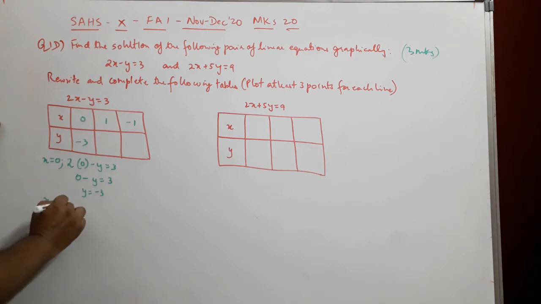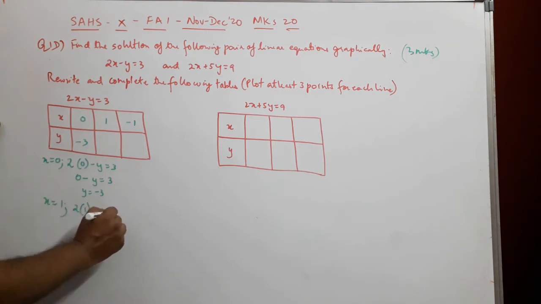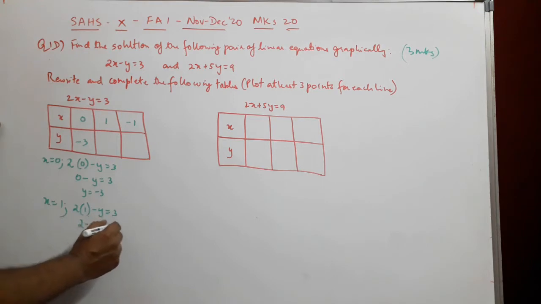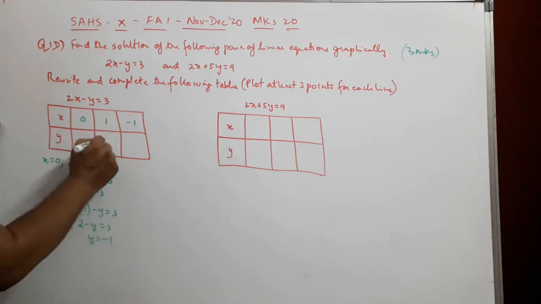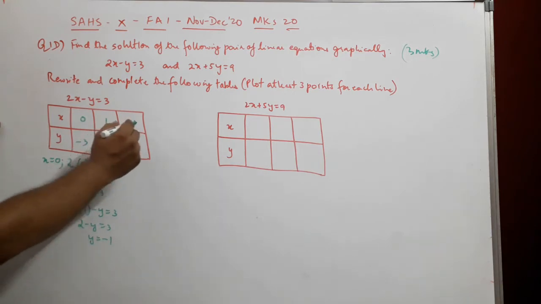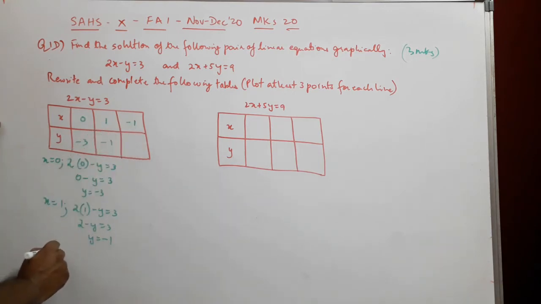X equal to 1, let's see what we get. 2 into 1 minus y equal to 3. That will be 2 minus y equal to 3. Take 2 on the other side, it becomes negative. 3 minus 2 gives us positive 1. So y is equal to negative 1. Next we have x equal to negative 1. So 2 into negative 1 minus y equal to 3.